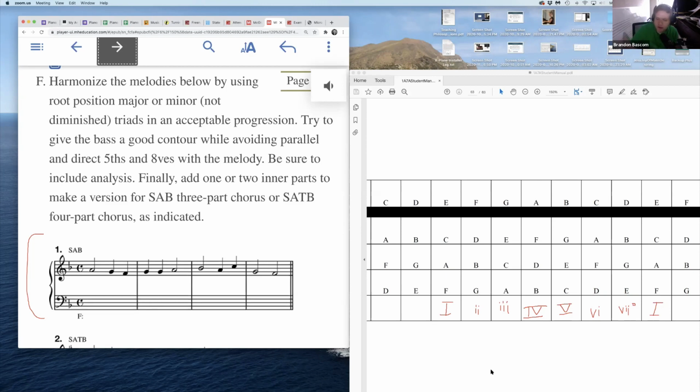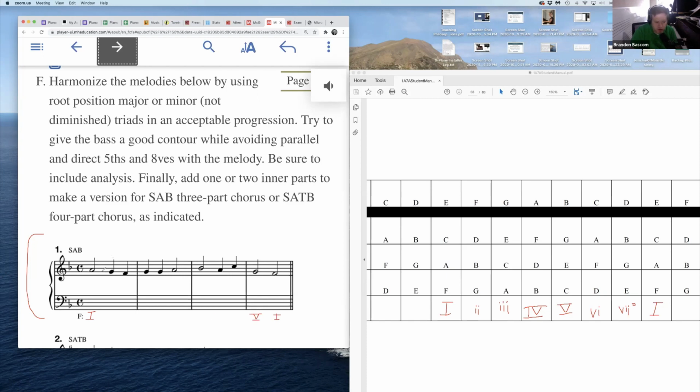Now we can have one of 3 chords for every note. Like we know we're going to start on a 1, right? And we know we're going to end on a 1. We're probably going to go 5 to 1, right?